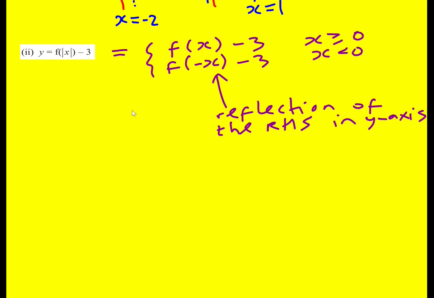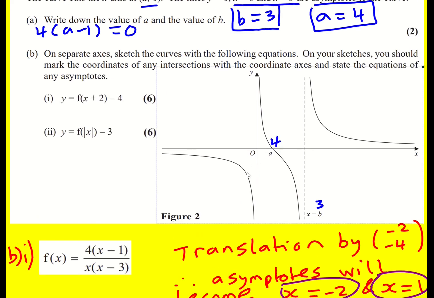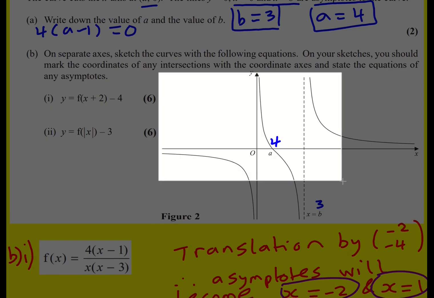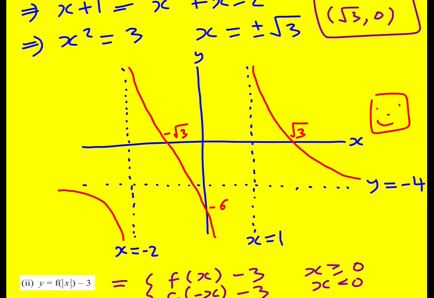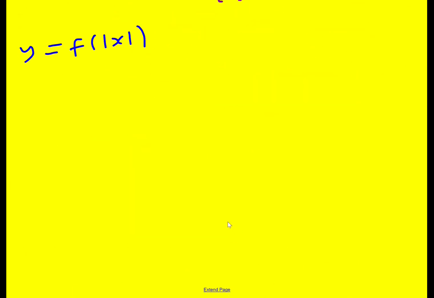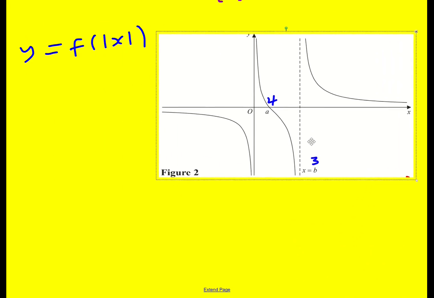Now, there's different ways of approaching it. What I'm a little bit tempted to do is think about y equals f of the modulus of x to start with. And then we can just think about how it's affected. So we've got this here. Because then we'll just have a transformation of this function.